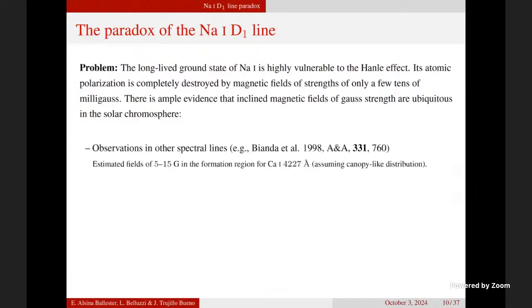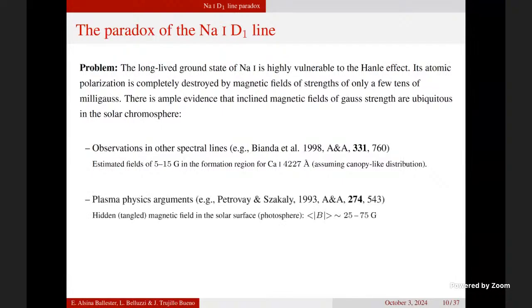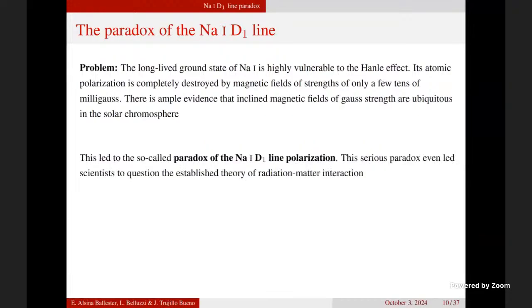Here, just to name a few evidences, we have observations in other lines, such as in the calcium resonance line, and also from plasma physics arguments, which suggested that stronger magnetic fields should be ubiquitous. This led to the so-called paradox of the solar line polarization, because if this was produced by lower level atomic polarization, then this was incompatible with the expected magnetic fields in the sun. This paradox even led certain scientists to question the established theory of radiation-matter interaction.